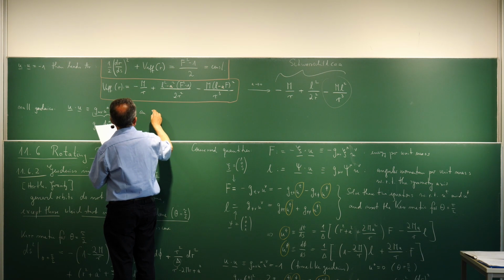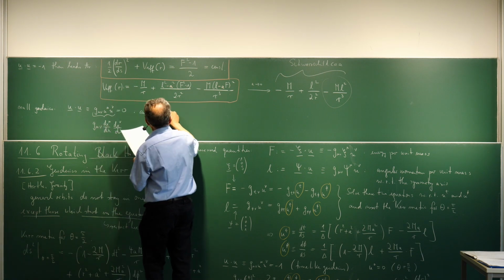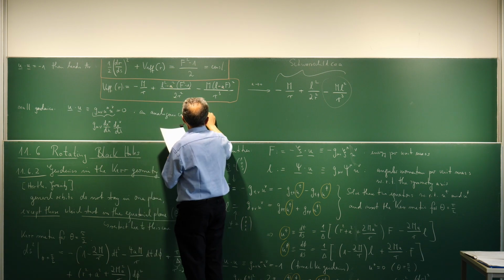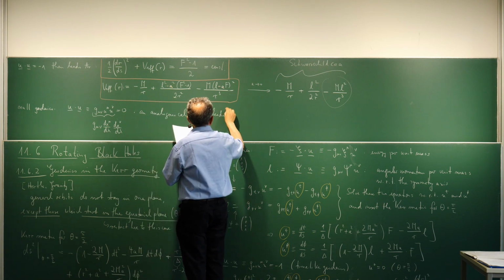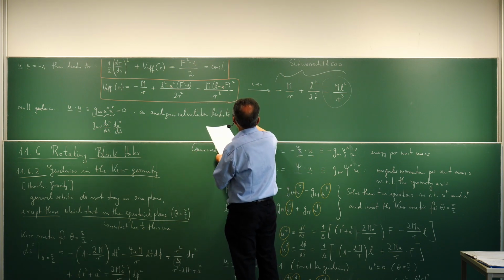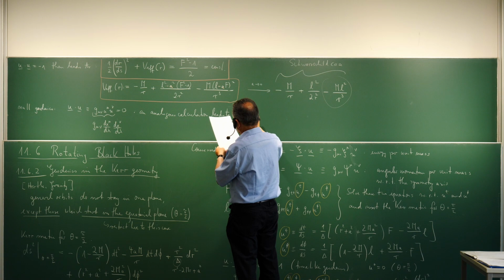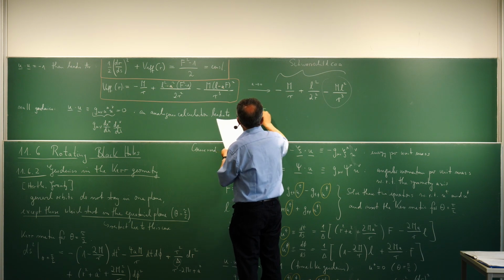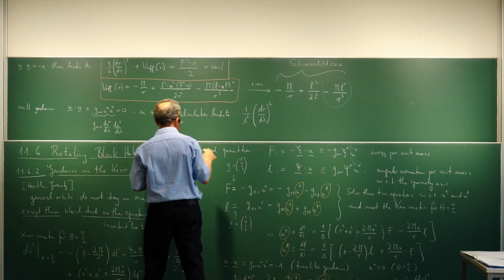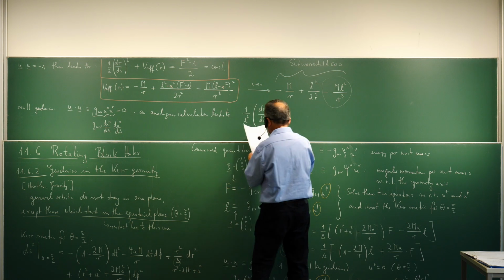An analogous calculation leads to the following. We can write it in that form, 1 over L squared times dr over d lambda squared. I follow here the conventions of Hartle's book in writing these terms.